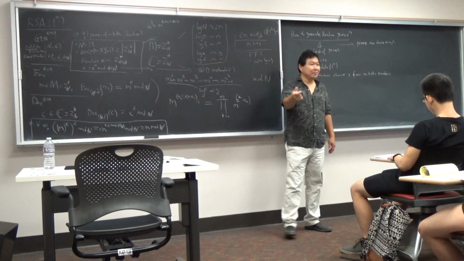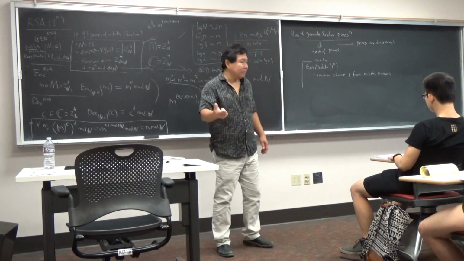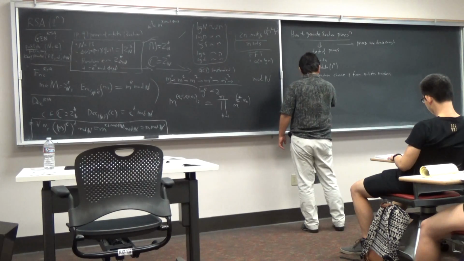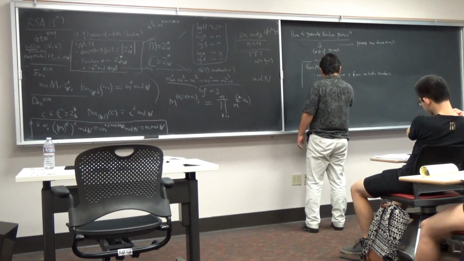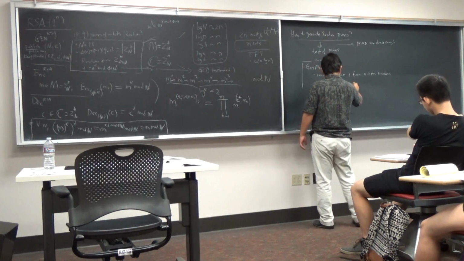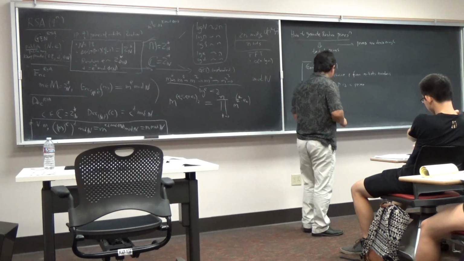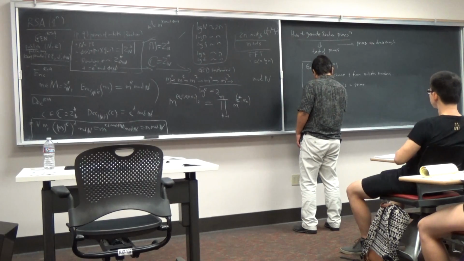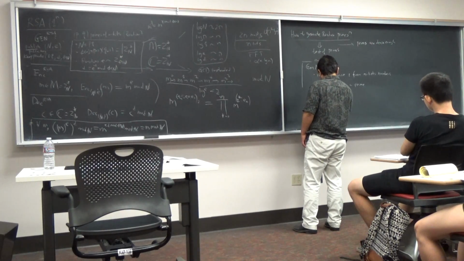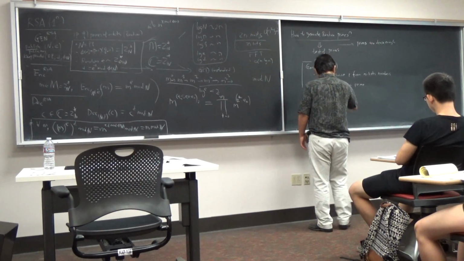You just flip n bits randomly and test if p is a prime. If yes, output p.